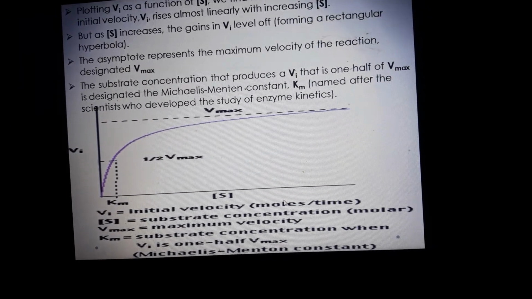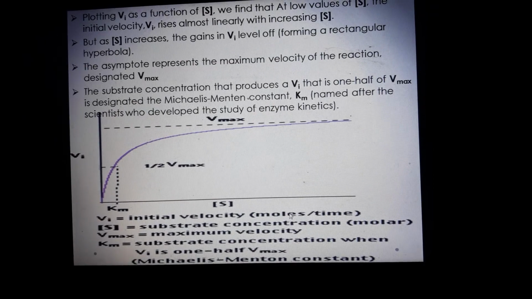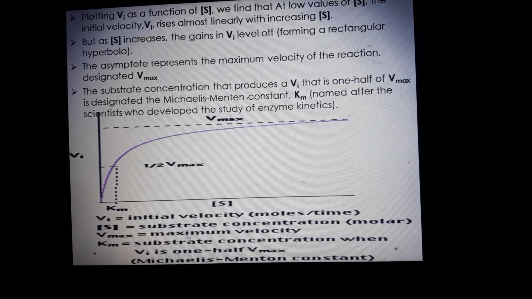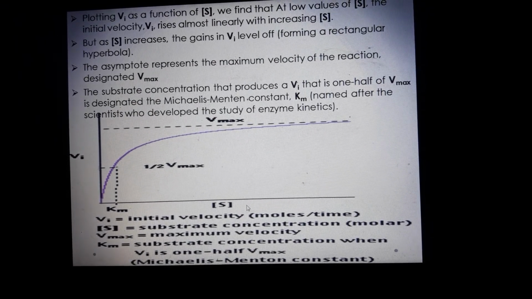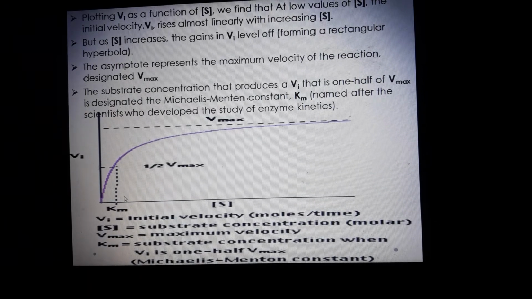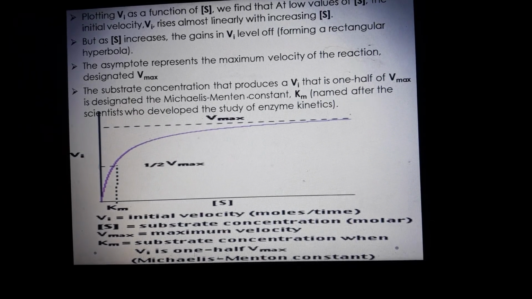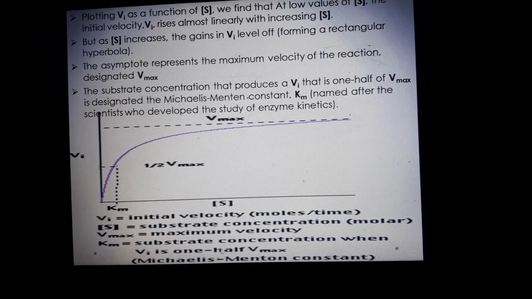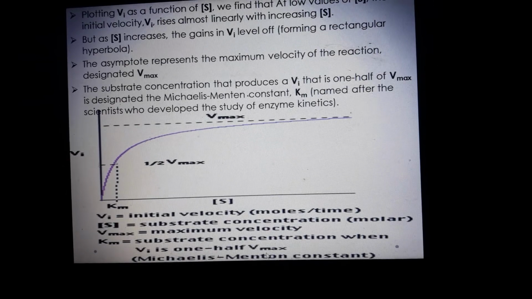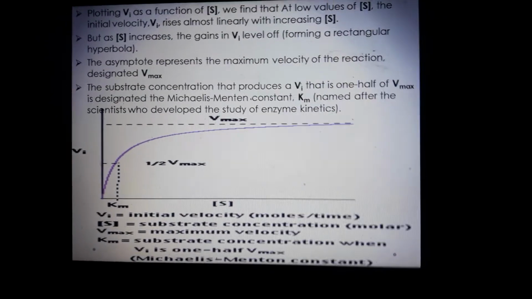Vi, initial velocity, is in moles per time, take note, while S is the substrate concentration. If your substrate is abundant, your speed still rises. Vmax is the maximum velocity that the enzymes produce. Km is the substrate concentration at which Vi is 1/2 of your Vmax. That is your Michaelis-Menten constant.